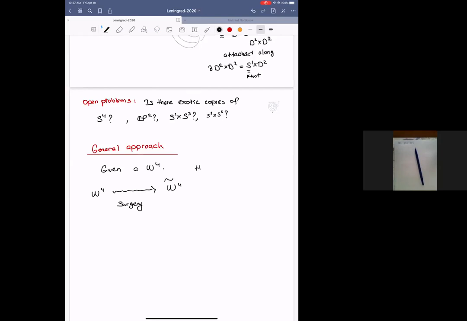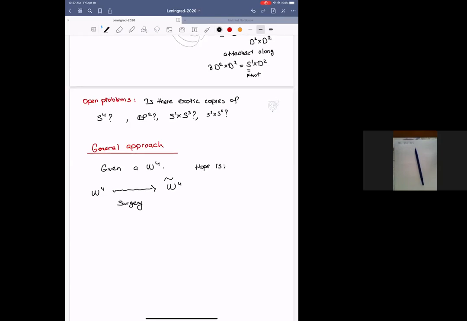The hope is not to change the homeomorphism type, meaning you really want them to be homeomorphic to each other after that operation, but the hope is changing the diffeomorphism type.